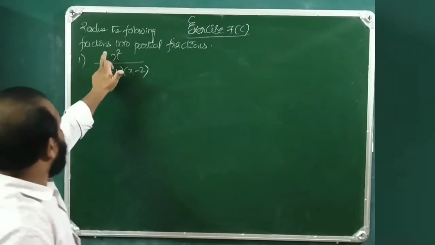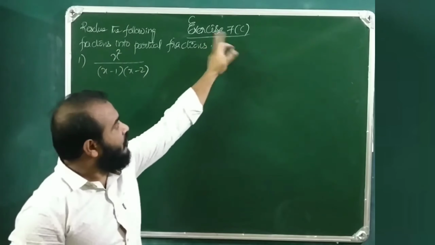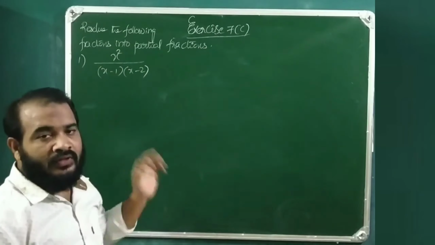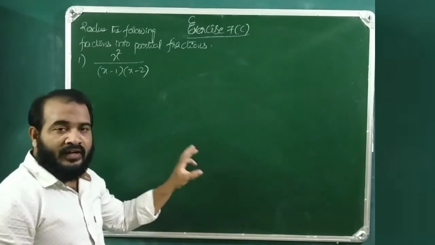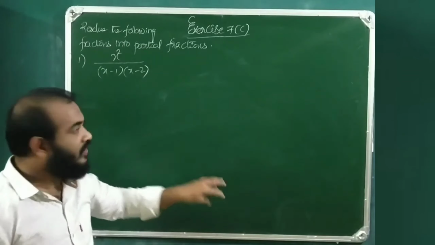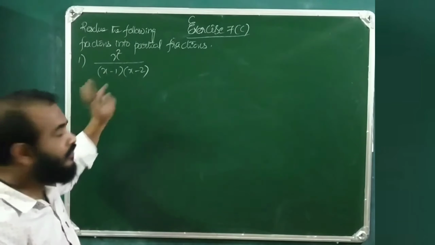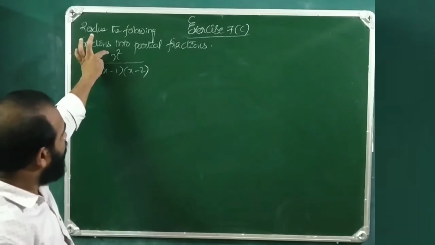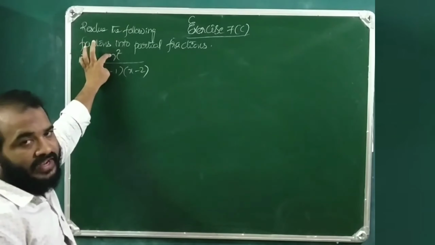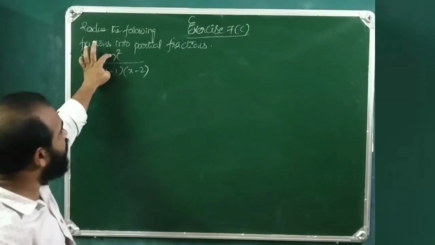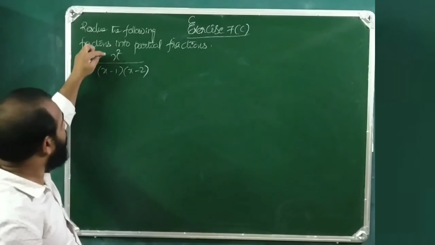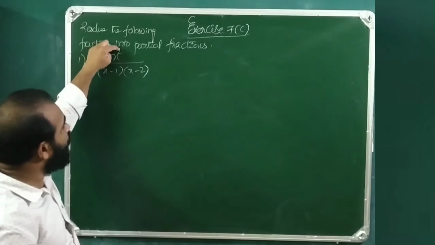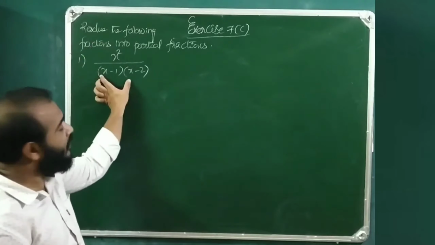Resolve the following fractions into partial fractions. Exercise 7C, first problem. So the example which we have taken for the illustration is what we have got here. Both are polynomials in x. Which kind of fraction? Degree of numerator is 2, while degree of denominator is also 2.